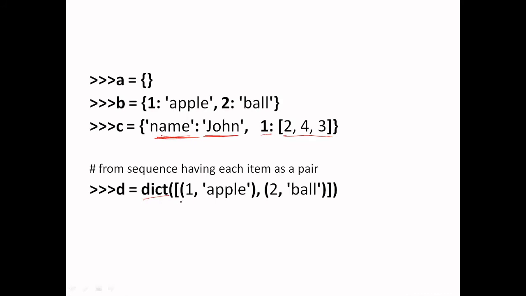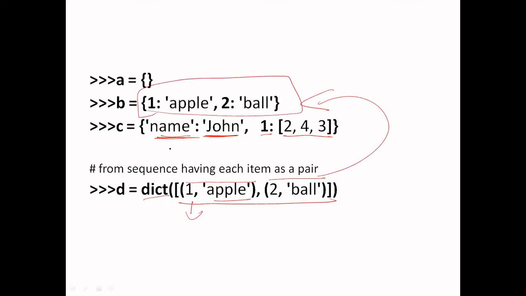We have passed a list object which has two elements. These are tuple objects and they have the elements in pairs. So the first part will become the key and the second part will become the value. So it will return the same dictionary like this. This is the way we can create a dictionary.